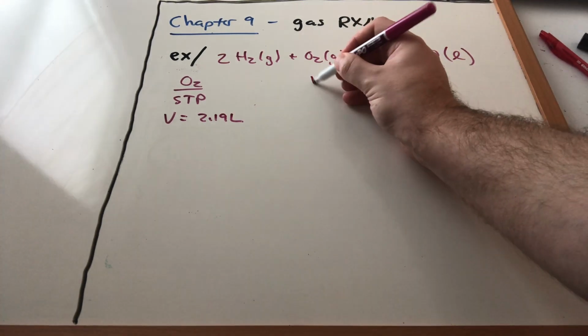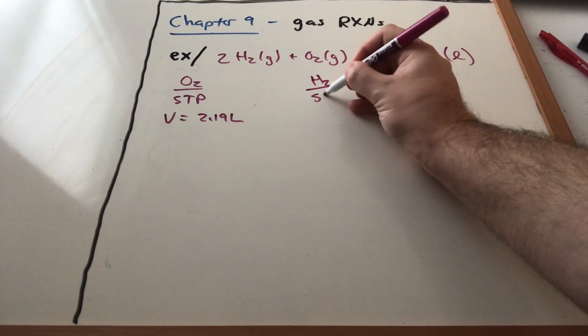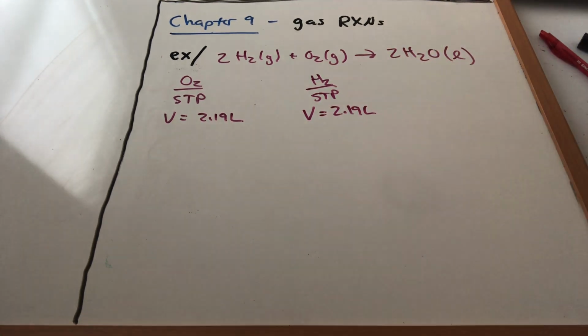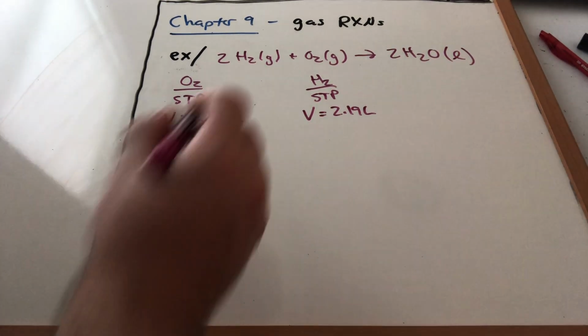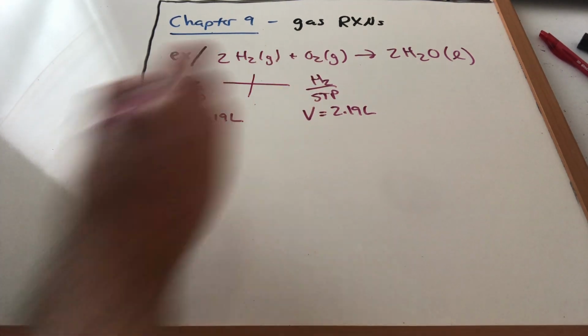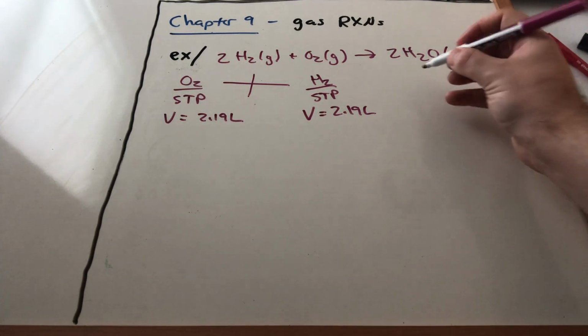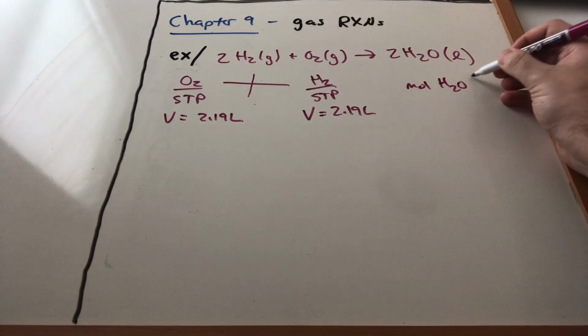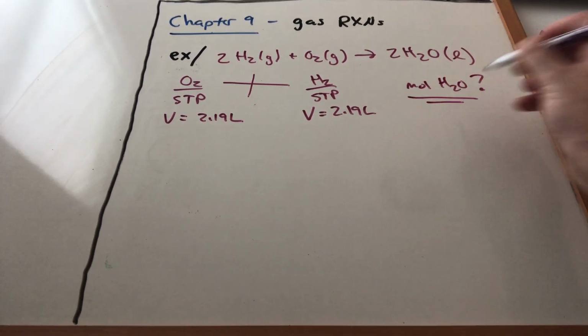And we did the same thing with H2. We measured its properties at STP, and we also had 2.19 liters of H2. And now we're going to mix these two together, okay? Our question is how many moles of H2O liquid do we make?